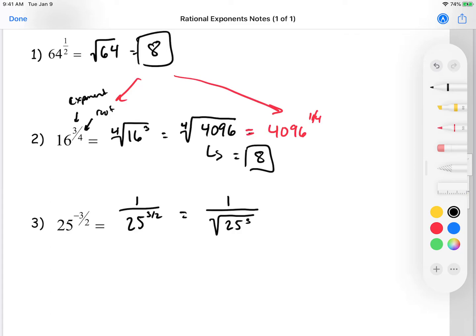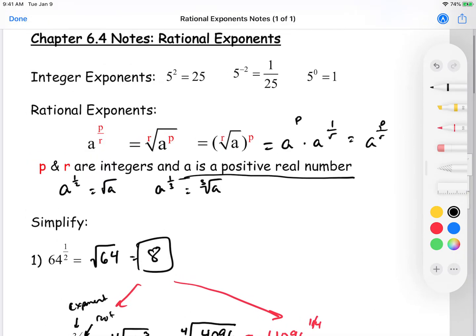Yeah? Okay. So another way of thinking about this, and this is why that first part was equivalent, is this is the same thing as the square root of 25, cubed. I'm highlighting that this part right here is saying that it's equivalent.